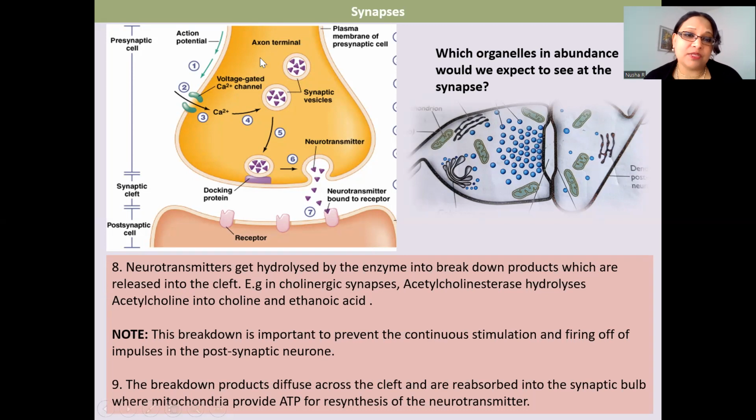If action potentials are continuously coming and neurotransmitter is being released, the transmitter substances get exhausted and the synapses fatigue. So at some point, the nervous impulses would not be continuously transmitted to the postsynaptic neuron.